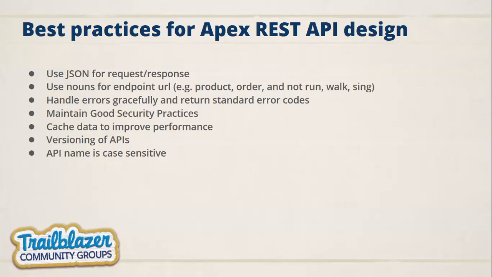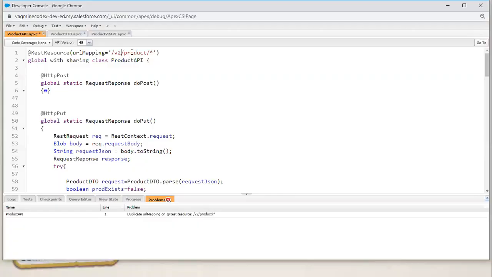API name is case sensitive. So if I'm putting the class as product in small letters, the client should access it with small letters.